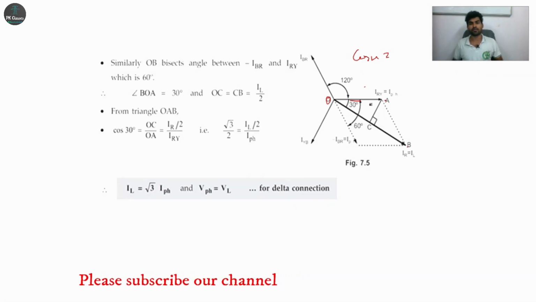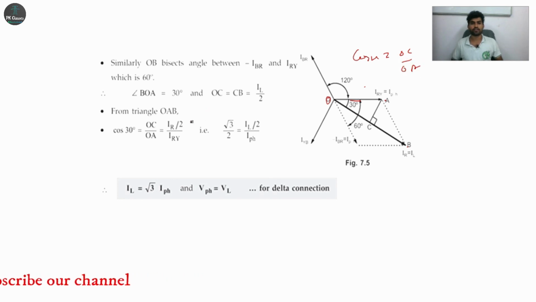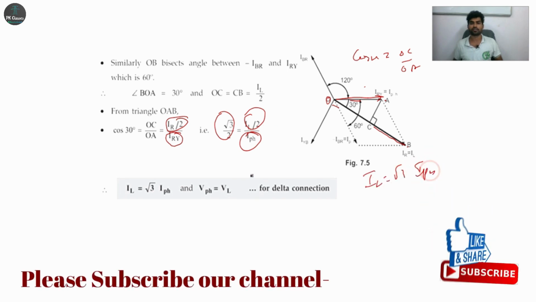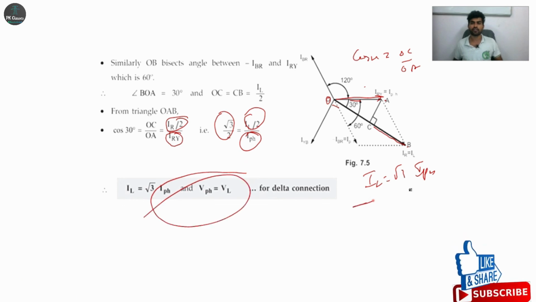Adjacent is OC by OA, right? So OC is what? Total is IR divided by 2, that is IR by 2. And then IRY, this is OA part. So we'll get cos 30 is root 3 by 2 and then IL by 2 and then I phase. Definitely we'll get IL is equal to root 3 I phase. This is the equation. Okay. So till here you'll be right.